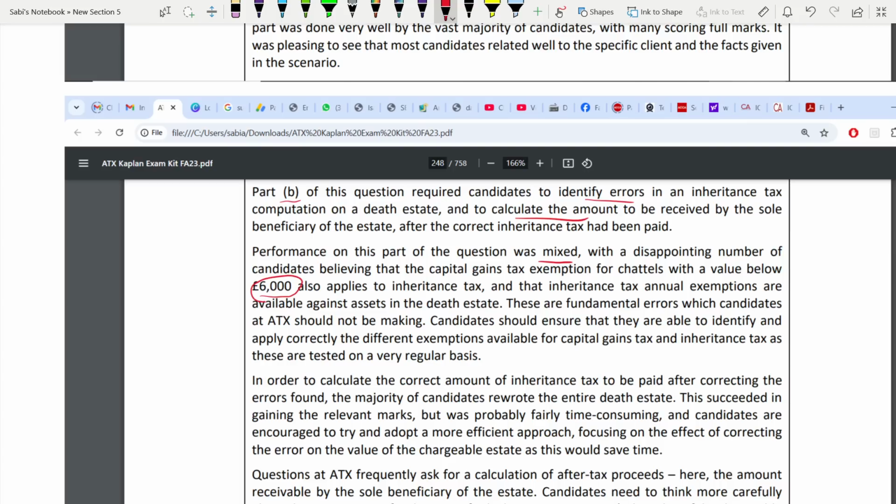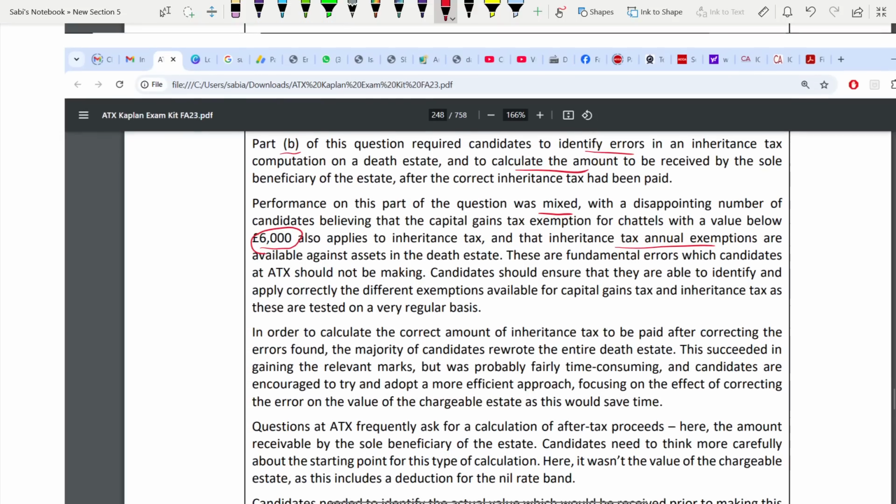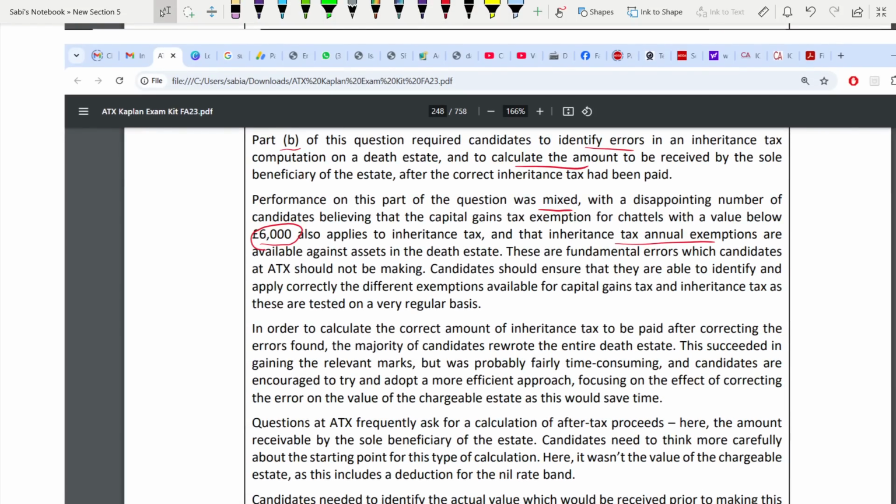Below 6,000 chattels, they thought it is also exempted from inheritance tax. So they were not able to identify this error. And also the inheritance tax annual exemption of 3,000. This also they were not able to identify, that there is no annual exemption in that estate. Okay. Remember, at ATX you should not be making this mistake. You should be knowing this. You should be thorough with it.